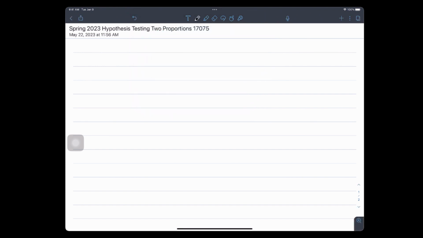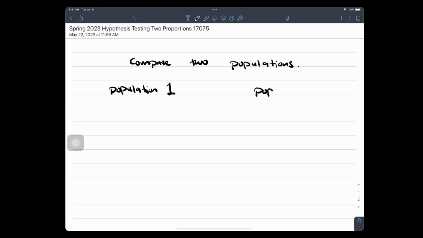It's when we start to compare two distinct groups. You're really comparing two distinct populations, okay? So you might say, I have population number 1, and I have population number 2.